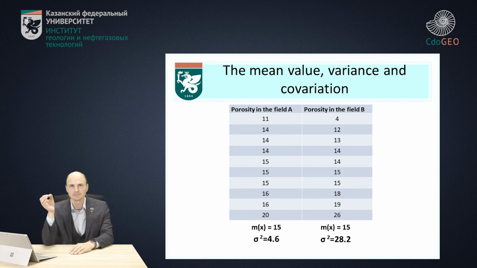For example, if we're gonna go to a certain oil field and drill 10 wells and measure porosity in each well, and then I'm gonna ask you to predict what's gonna be the porosity in a new well drilled somewhere in the field.